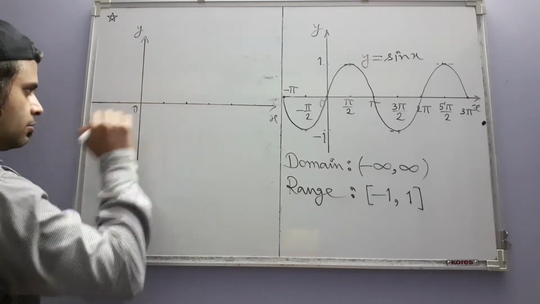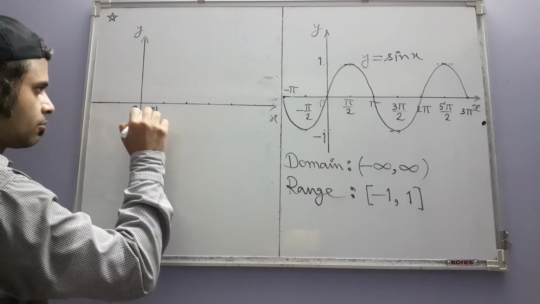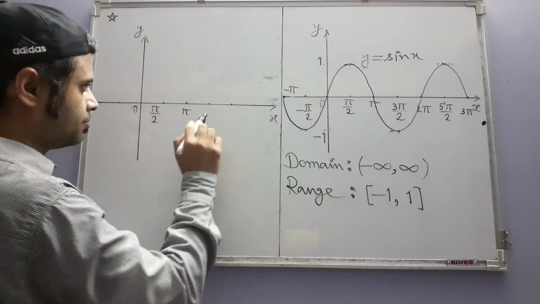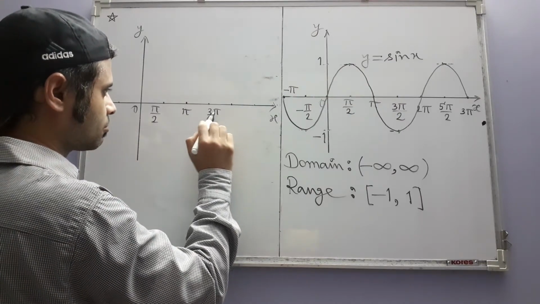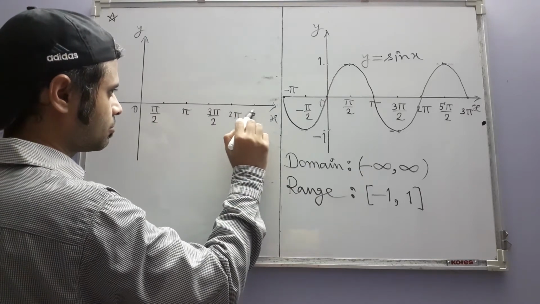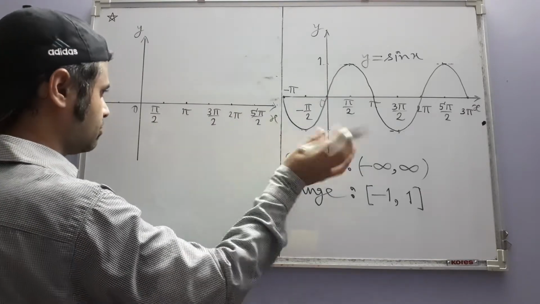So again 0, pi divided by 2, pi, 3 pi divided by 2, 2 pi, 5 pi by 2, 3 pi, and so on.